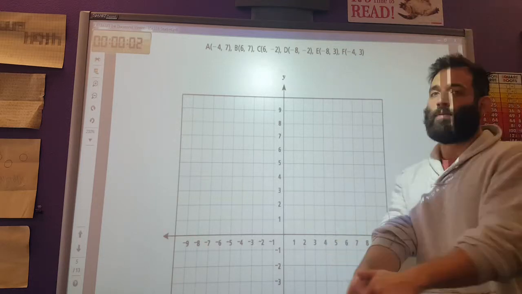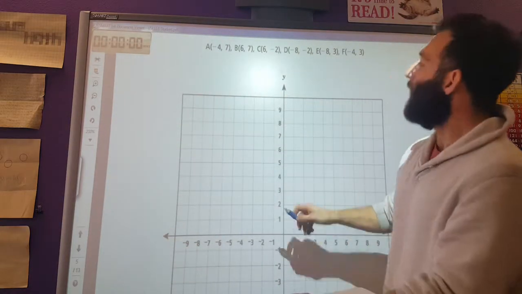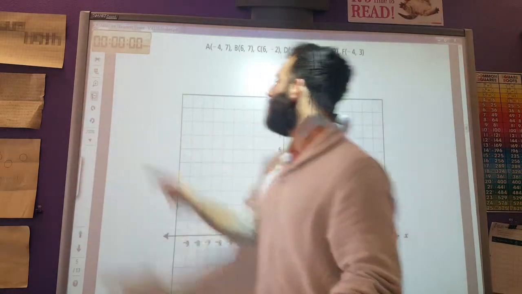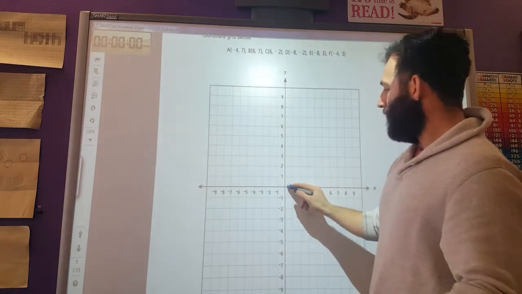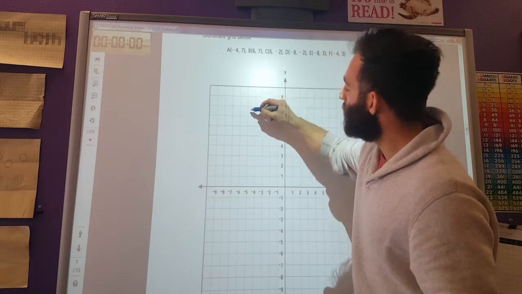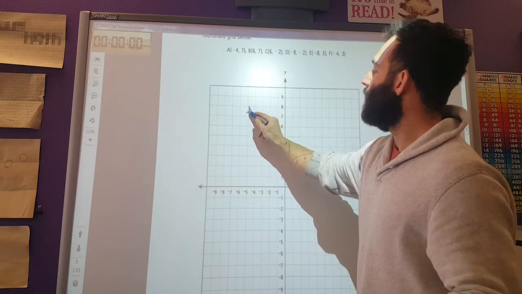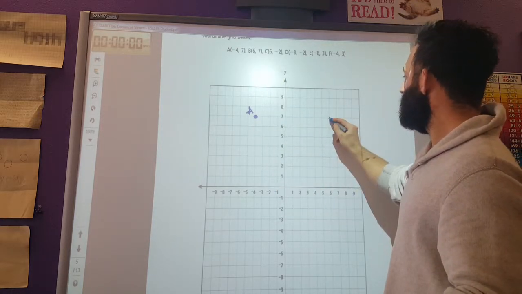Point A I see is at, I'm actually going to zoom out so you can see this entire grid. Point A is at -4, 7, making sure to label it with the letter A. Point B is at 6, 7.